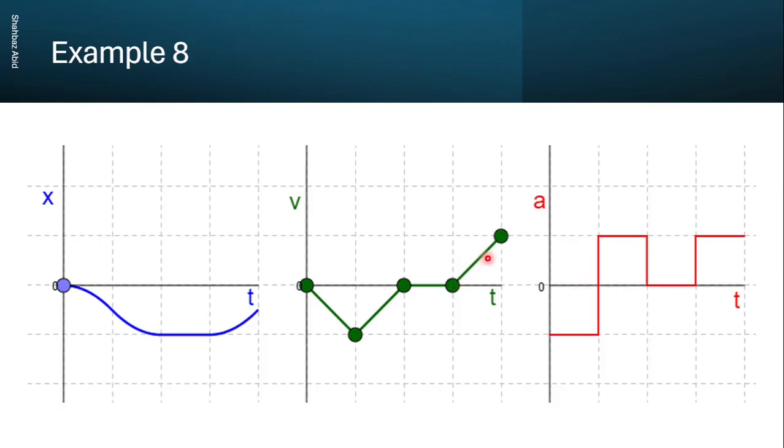When the slope of the velocity versus time graph is positive and linear, it will have a constant slope, which is going to be a positive value, and that is basically a positive acceleration.